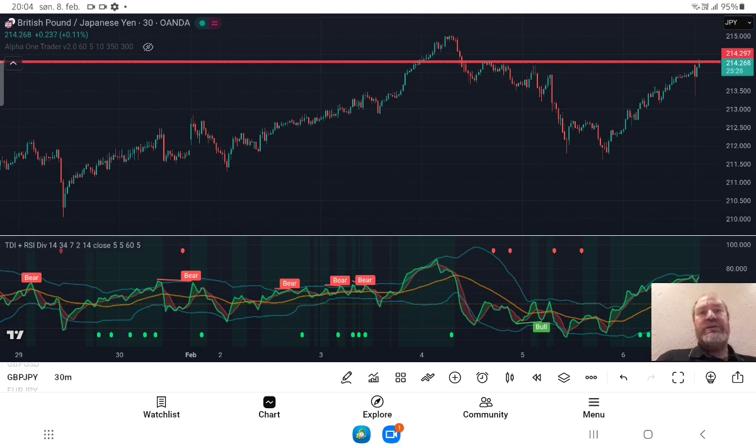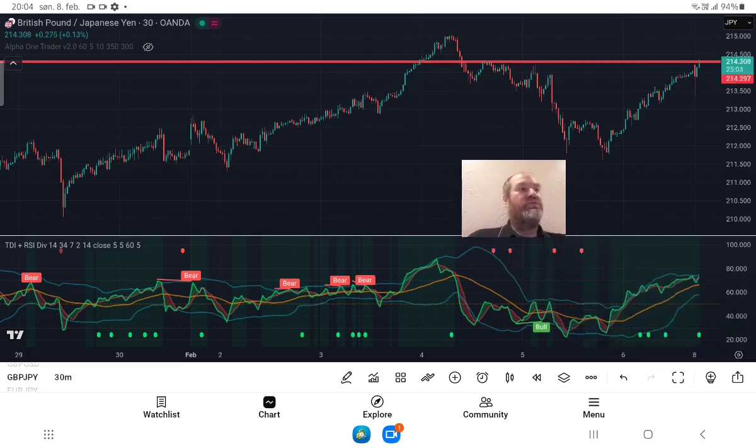So like I said, we are now using TDI plus RSI divergent. I have been backtesting this a little bit and it looks to be pretty darn good, especially when we have divergent. This one doesn't have, but we are out of the water, as you can see up here. So maybe I can move myself out so you can see better.